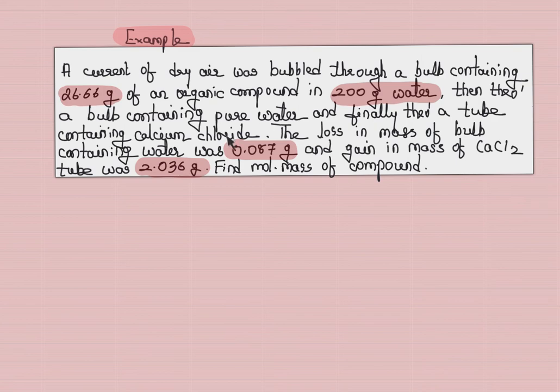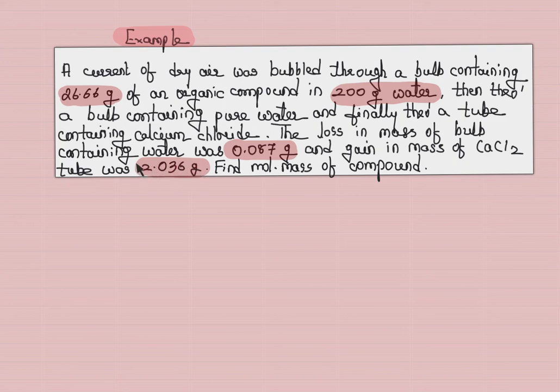So calcium chloride would absorb all the moisture that the dry air has carried along with it. The loss in mass of the bulb containing water was this, which is the loss in mass of the solvent bulb. We generally put it as W2, and it is proportional to P0 minus PS, you know that. And the gain in mass of CaCl2 was this.